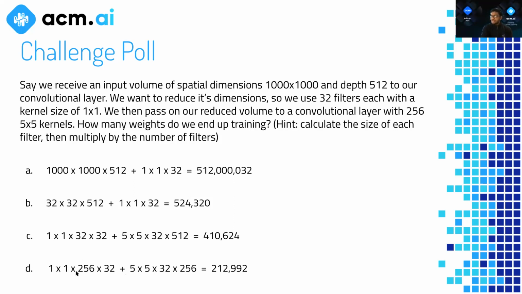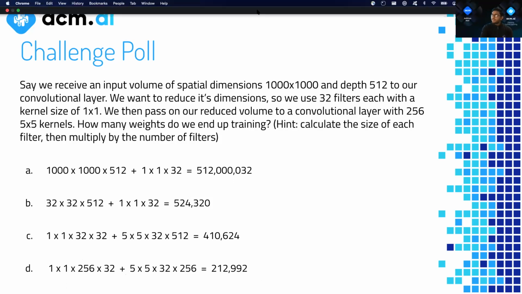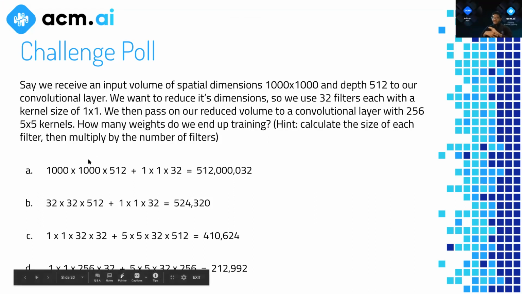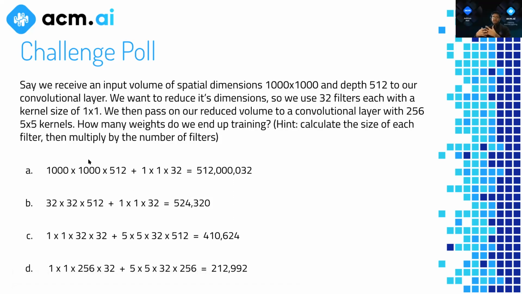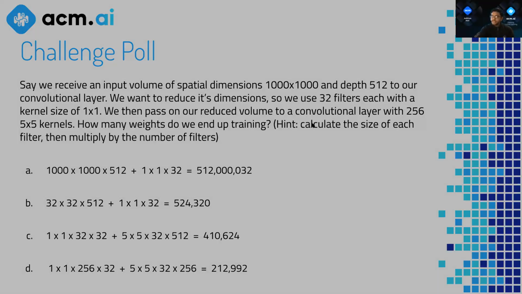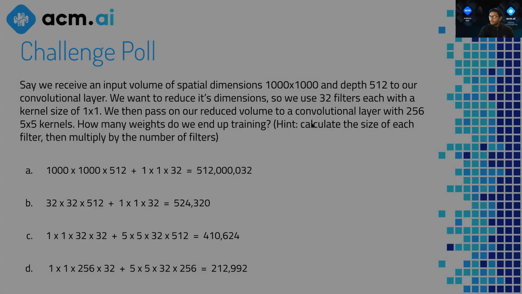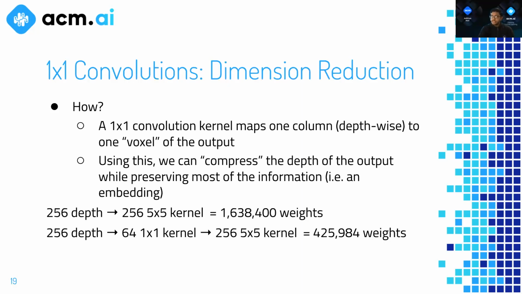Since I did a boo-boo here, this is probably going to be a bigger value. So my bad with that, but I hope you guys understand where this is coming from and why we do this sort of thing using 1 by 1 convolutions to reduce the dimensions. Because if you take a look again at the number of weights we had to use without using dimension reduction, that's about 1.6 million.